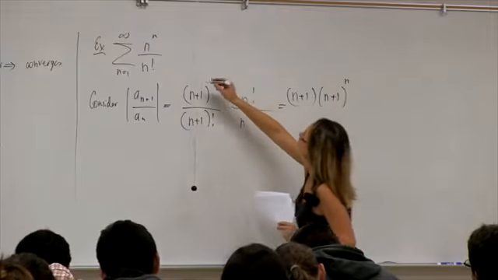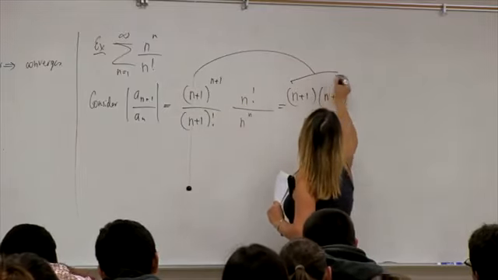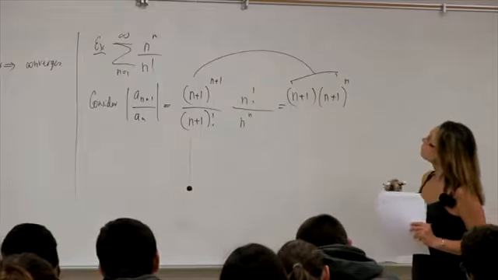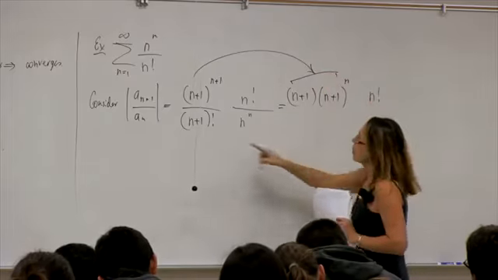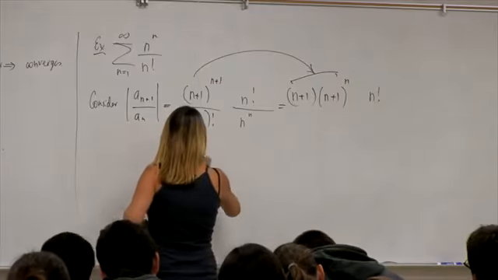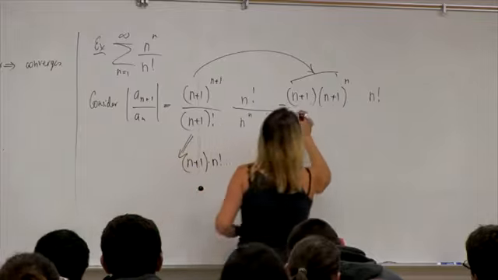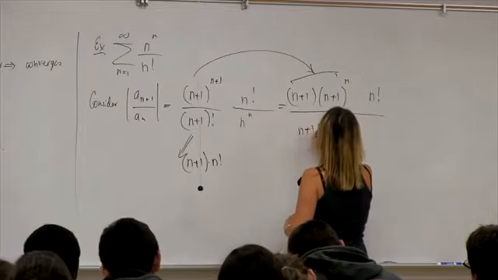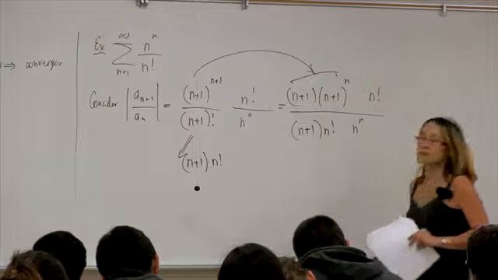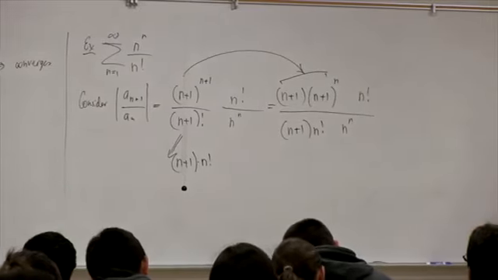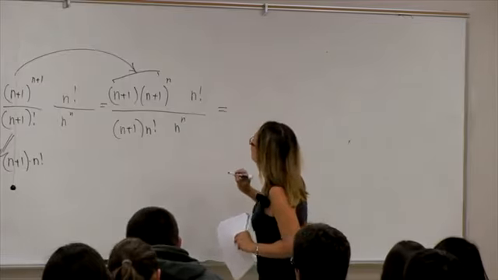So I'm going to split off n plus 1 from here. Okay, so this whole thing becomes this, right? Now I have n factorial, and (n+1) factorial can be expressed as (n+1) times n factorial. And finally, n to the n remains. Fine. So what can you cancel?